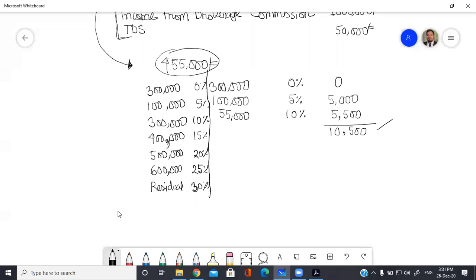It should be residual. But previously there was 30% on residual.